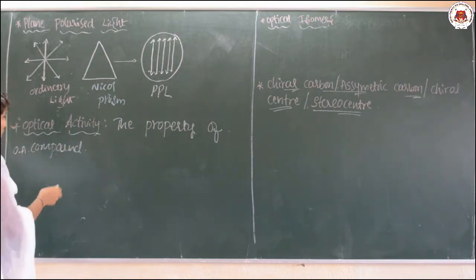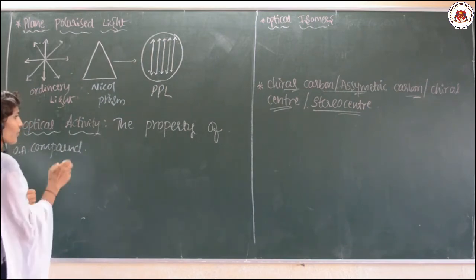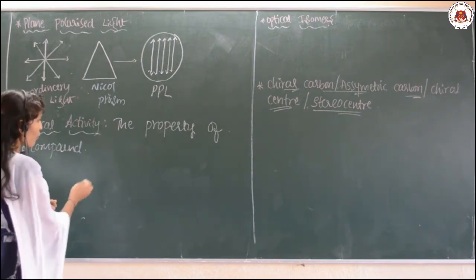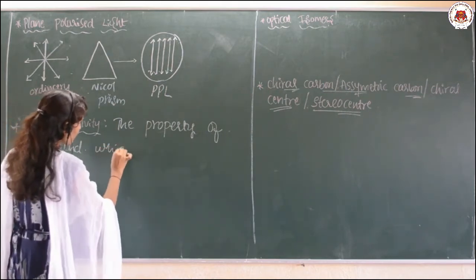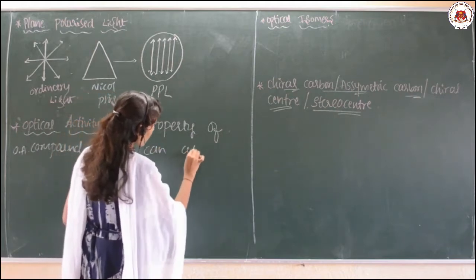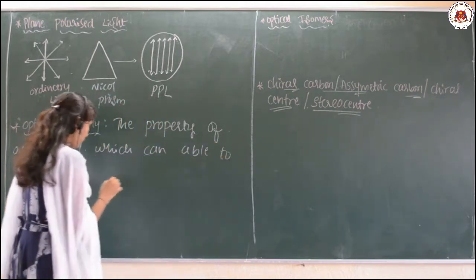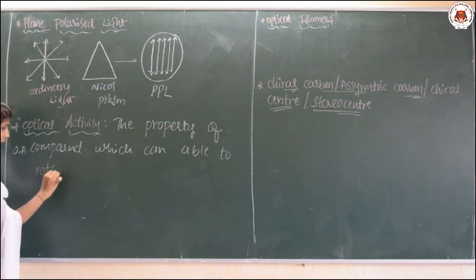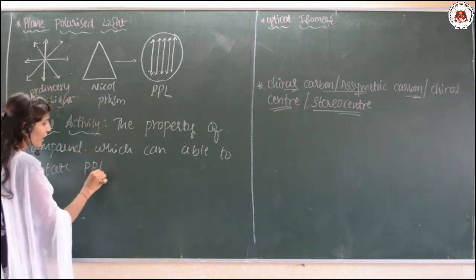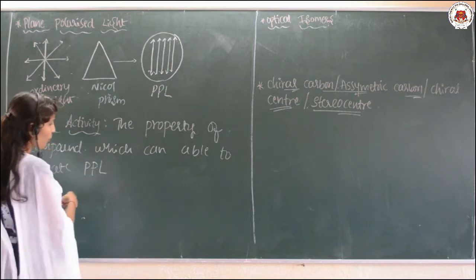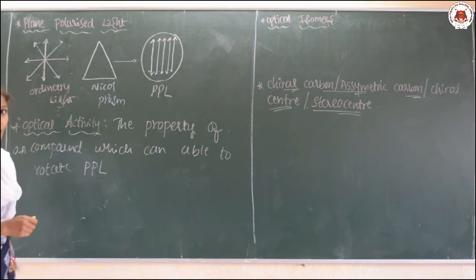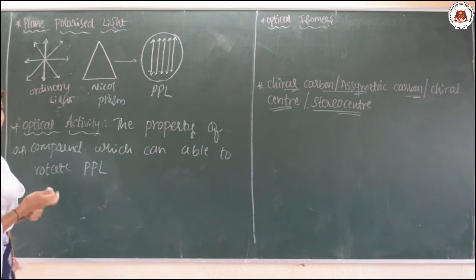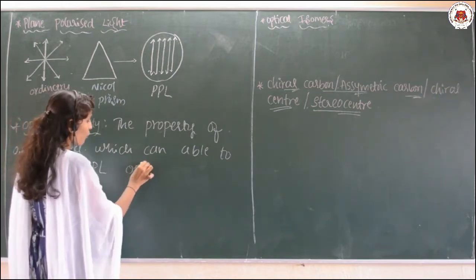That I will discuss. Optical activity is nothing but the property of the optically active compound by which it is able to rotate plane polarized light. I wrote it shortly as PPL, plane polarized light. Such a property is known as optical activity, and the compounds which possess the optical activity property are called optically active compounds.